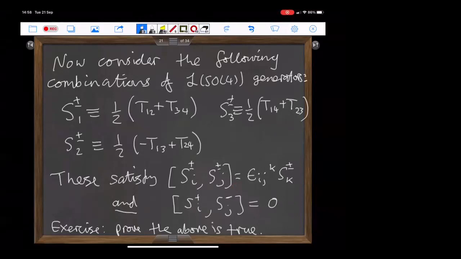So S plus I, they satisfy the SU2 algebra, as do the S minus I's, and they commute with each other. It's a slightly painful exercise to verify that, but I want you to verify that as an exercise.